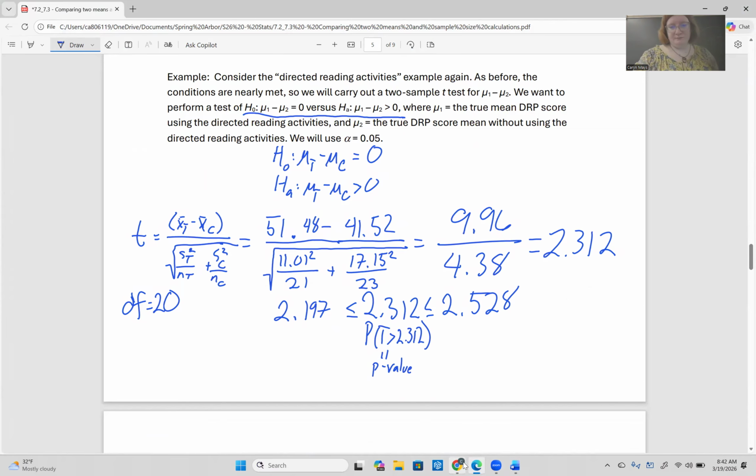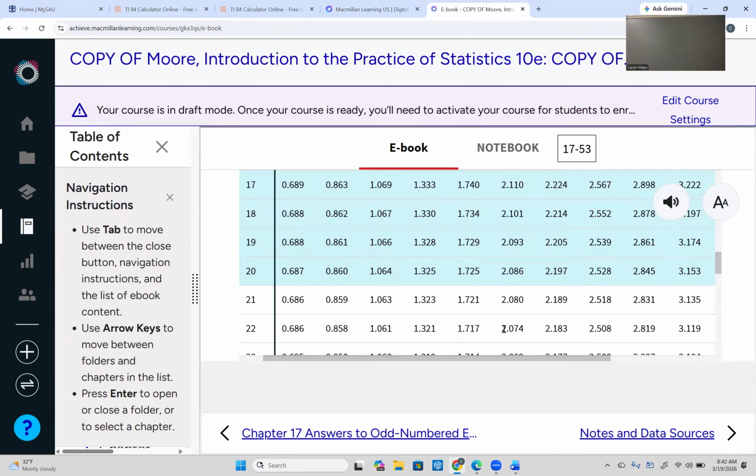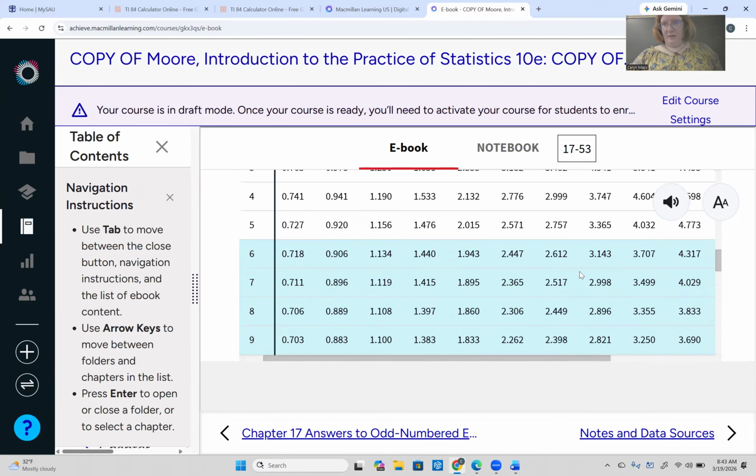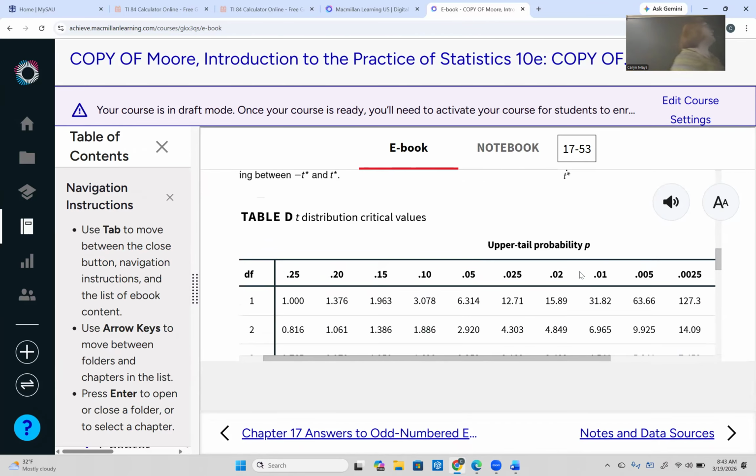So I'm going to look at those two columns. I'll put my mouse between them and scroll up to the top. That probability is between 0.01 and 0.02.